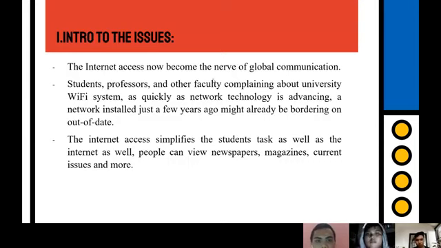As quickly as network technology is advancing, a network installed just a few years ago might already be bordering on out of date. The internet simplifies students' tasks. People can view newspapers, magazines, current issues, and more.